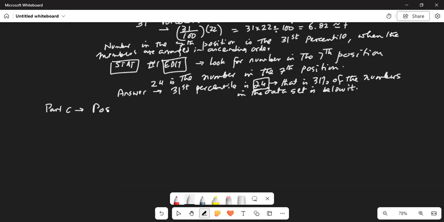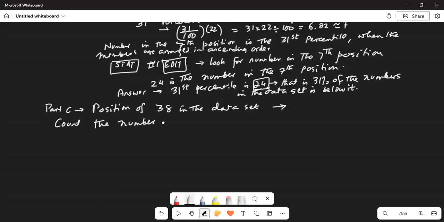Position of 38 in the data set. Count the number of numbers.